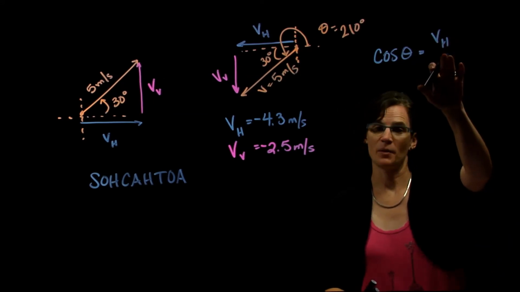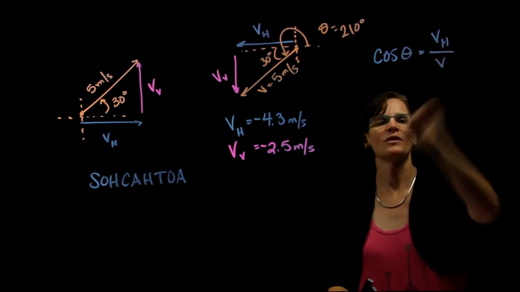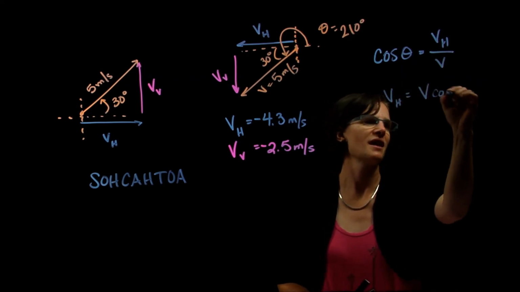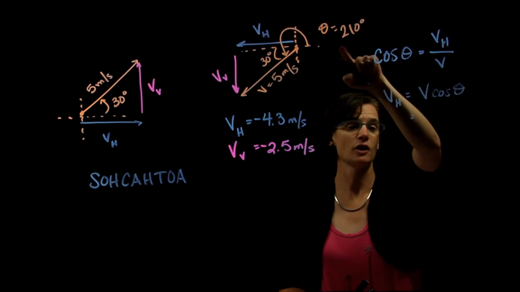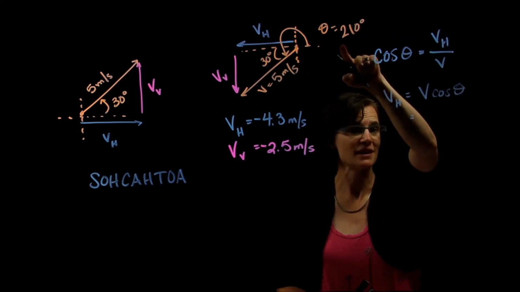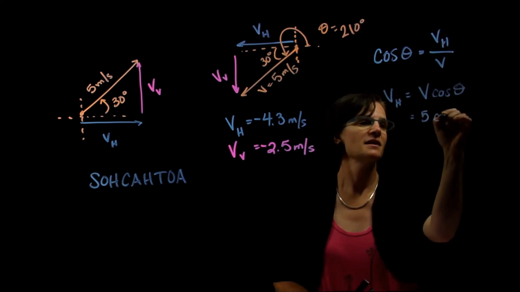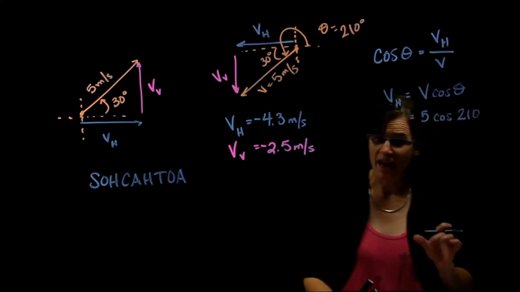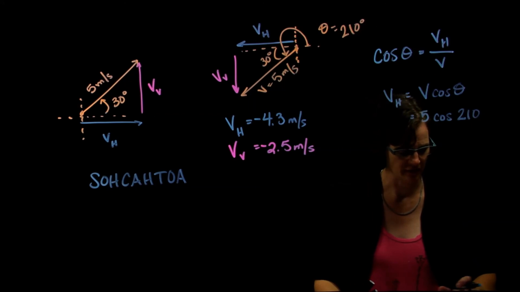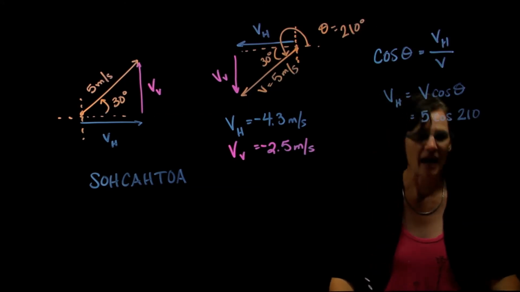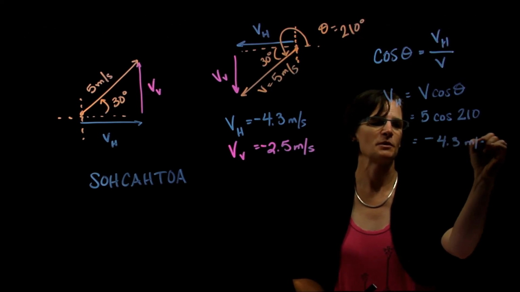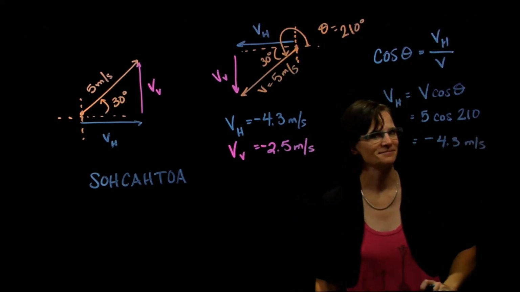So it will be my horizontal component over the hypotenuse. So to get that horizontal component, I will take the velocity times the cosine of the angle with respect to the positive x-axis. So 5 times the cosine of 210. So if I plug that value into my calculator, 5 times the cosine of 210, I get negative 4.3 meters per second, exactly what I should.